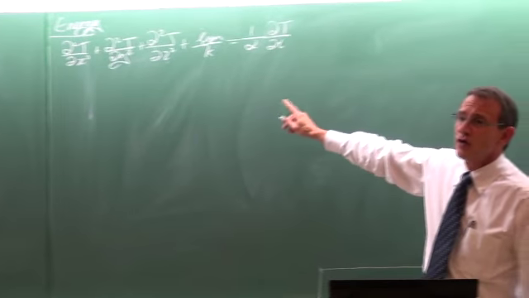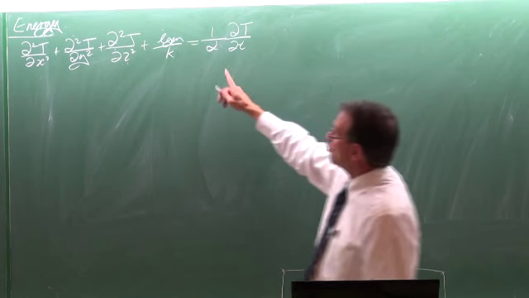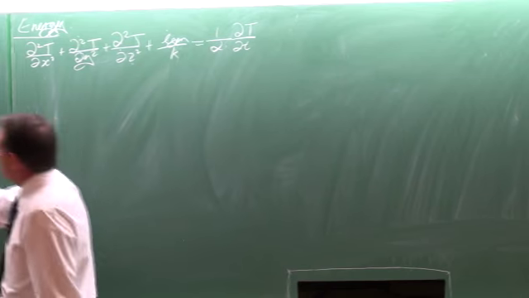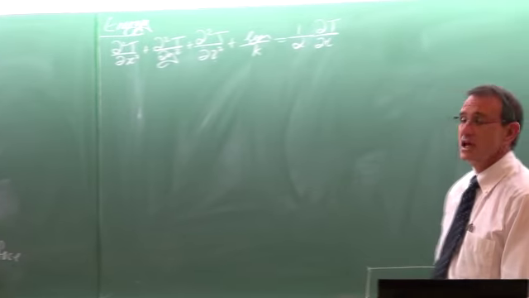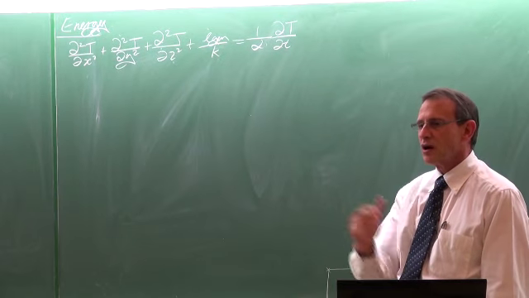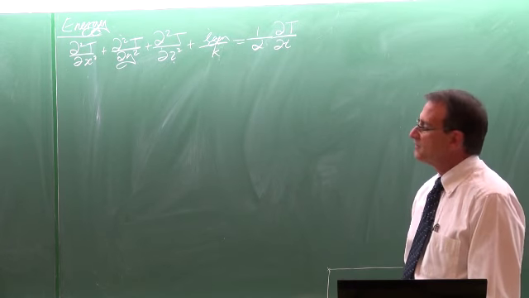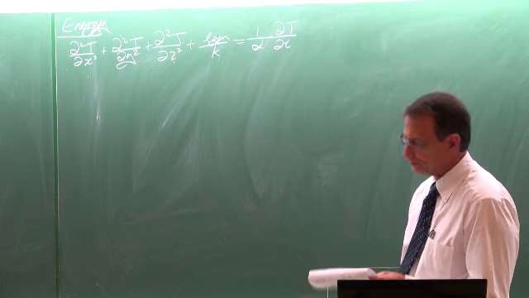Now in the derivation of this equation, the assumption has already been made that k, for example, is a constant. So that is the energy equation as was derived in this textbook of Cengel and Ghajar.